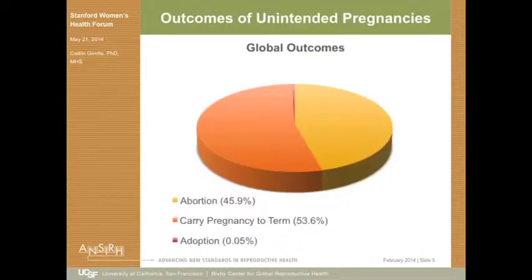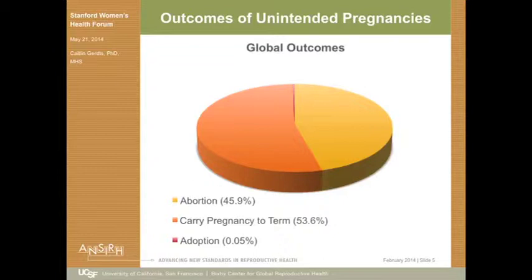The outcomes of those pregnancies fall into three categories: abortion, carrying a pregnancy to term, or adoption. As you can see, adoption takes up a very small slice of the pie globally. And so we're left with two options: carrying a pregnancy to term or abortion.